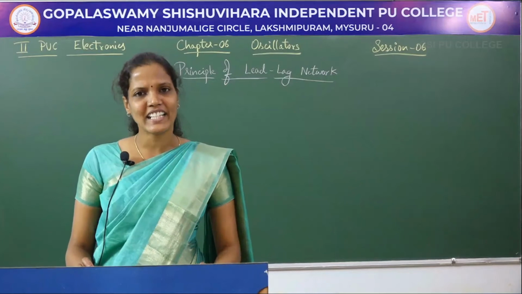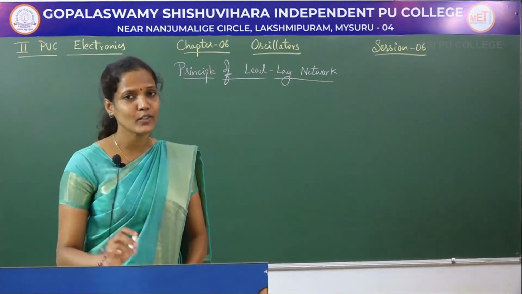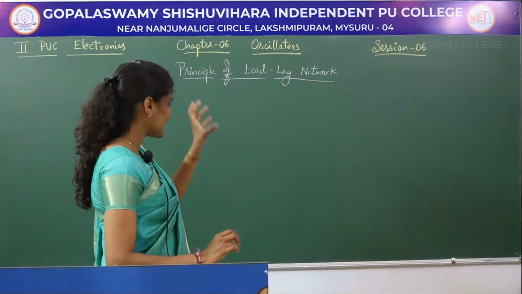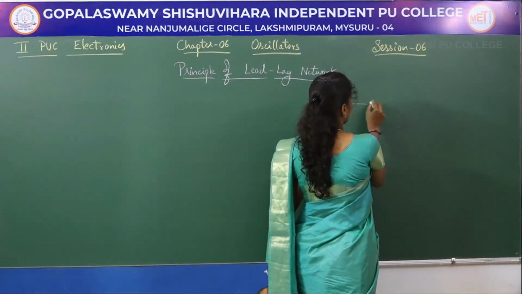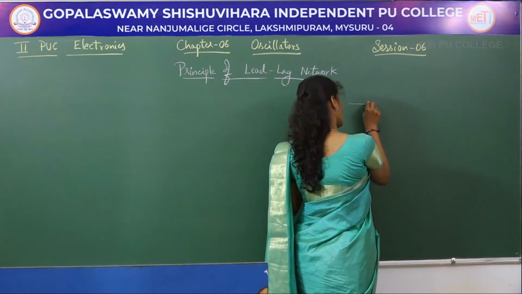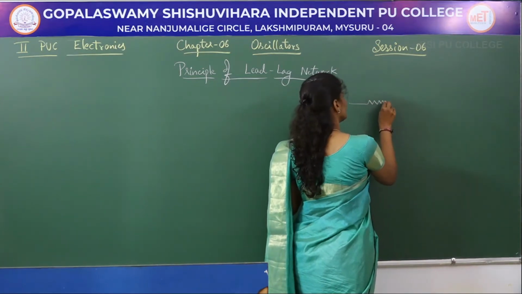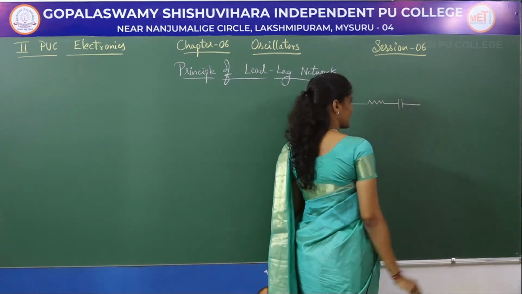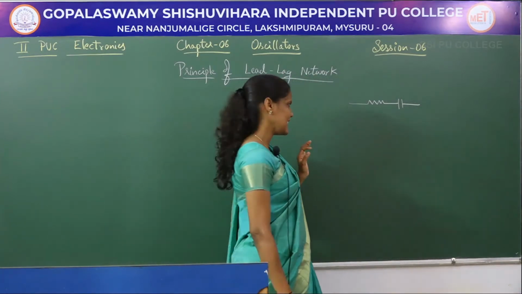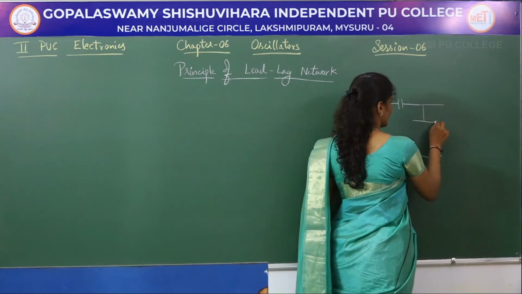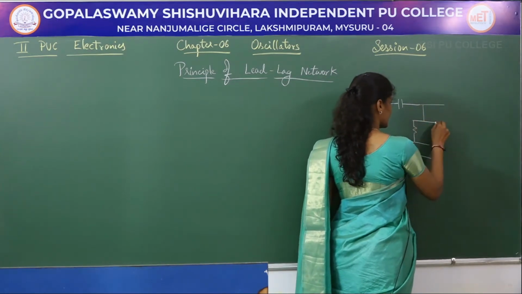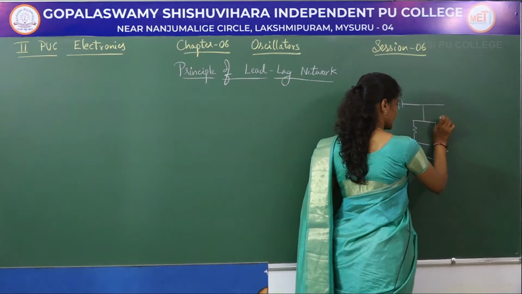In order to understand this, let us draw a network where only resistors and capacitors are used. For that we are going to use a resistor and capacitor connected in series, and to that a parallel combination of again a resistor as well as a capacitor.